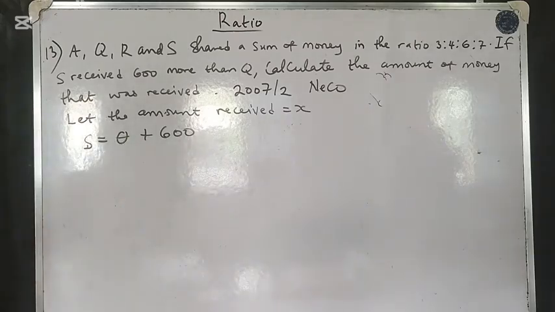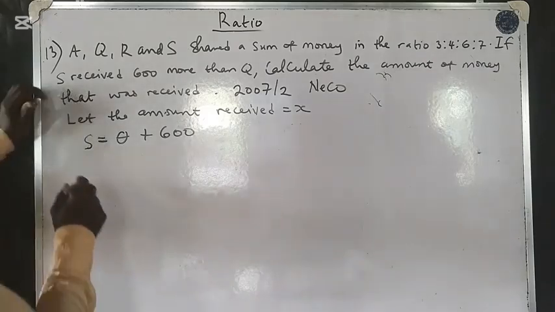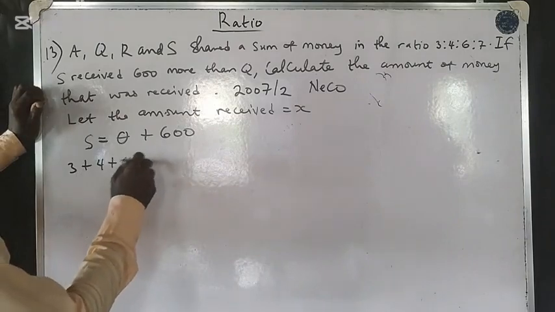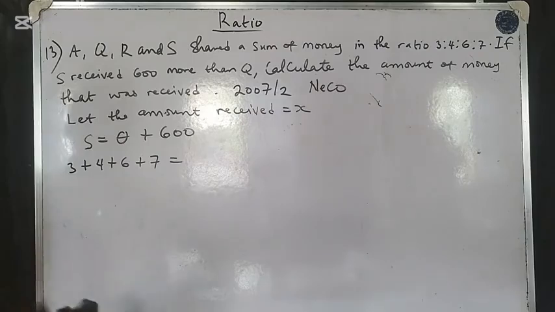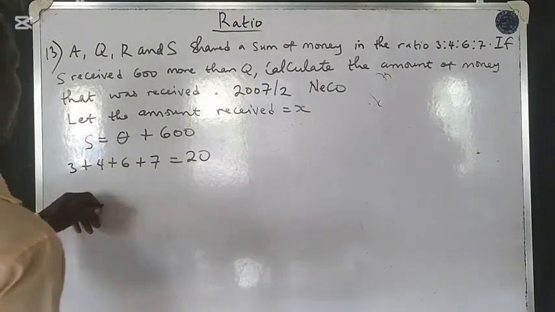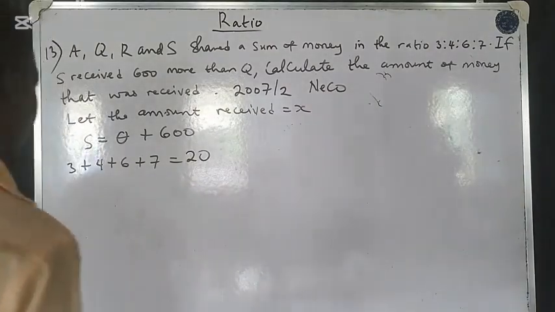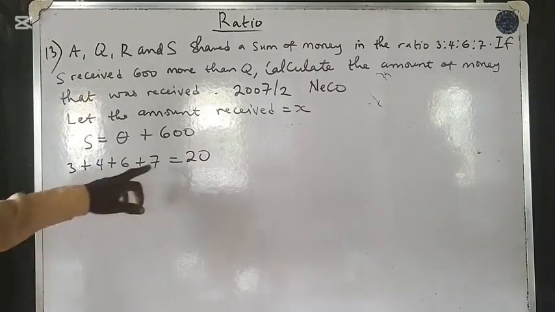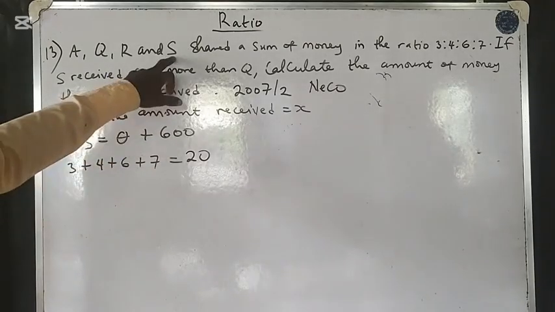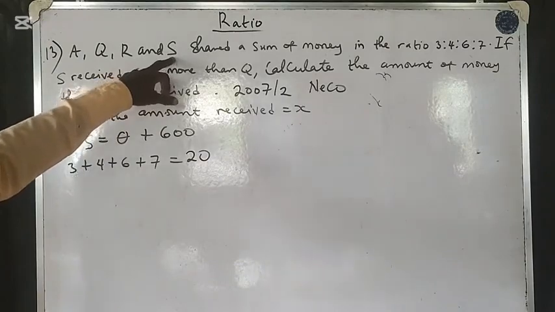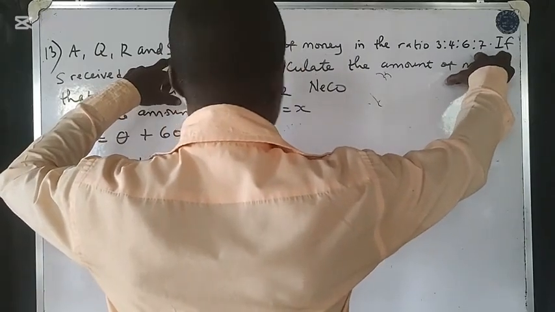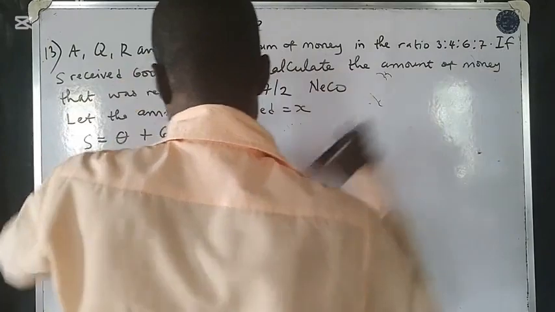So what do we do again? Let's find our total ratio. The total ratio is going to be 3 plus 4 plus 6 plus 7, which is 20. To find the share of S, the ratio of S will be the last ratio, because S is the last person mentioned, so the ratio of S is 7.